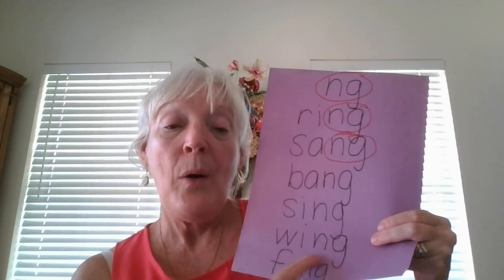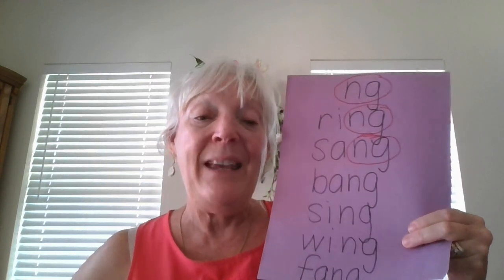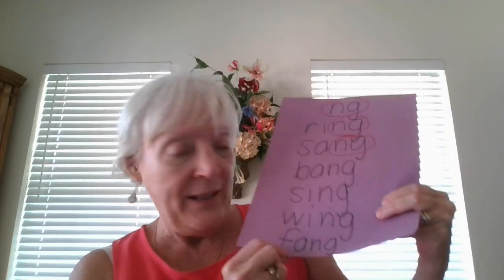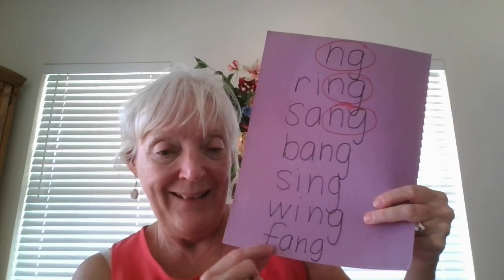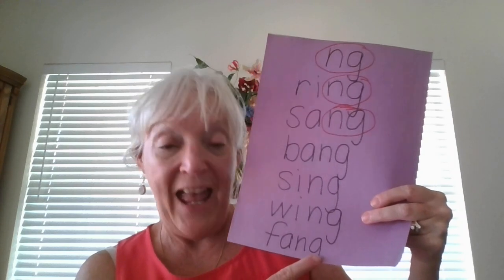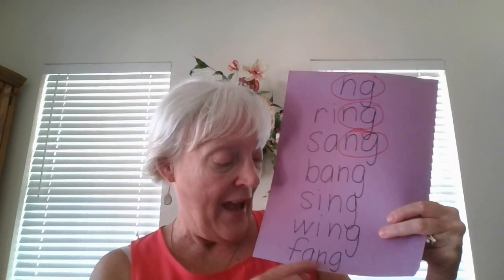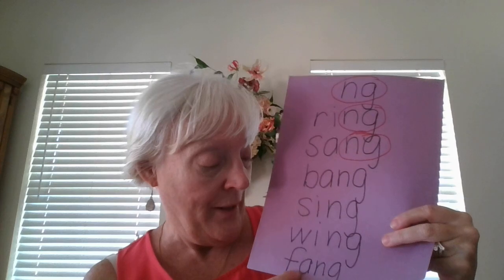It is wing. Say wing, sing. They rhyme, don't they? Okay, let's go to the last one. What is it? Fang. A fang. Teeth that stick down like on a dog are called fangs, or on some other animals. Okay, so we have NG.